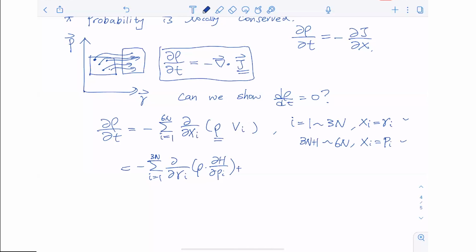And the rest of the terms, starting from 3n plus 1 to 6n, will be this thing.